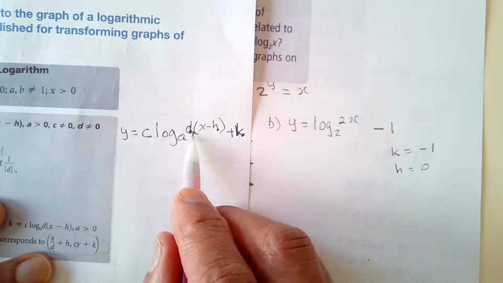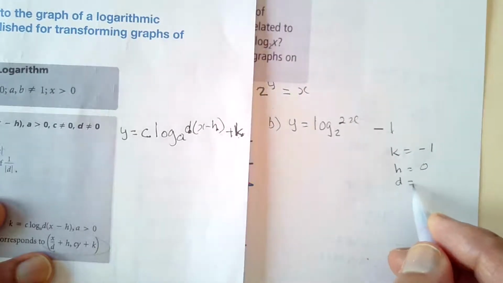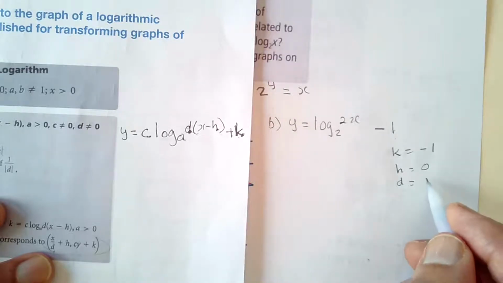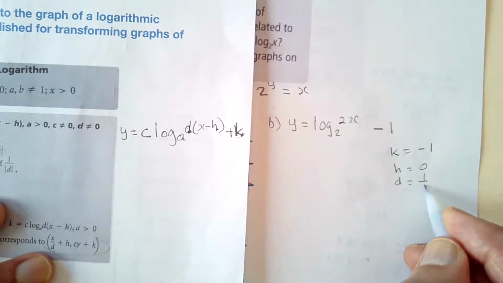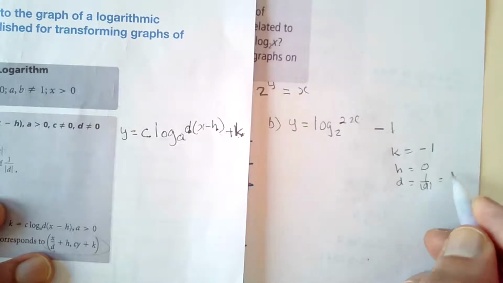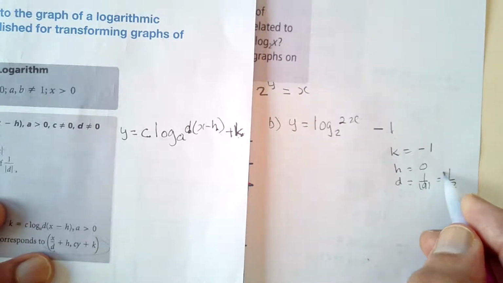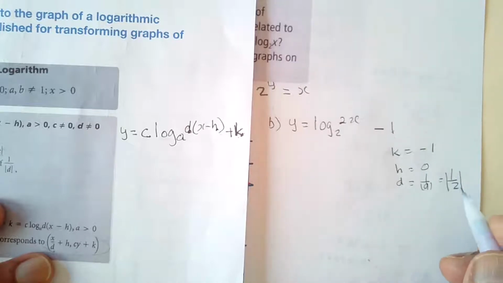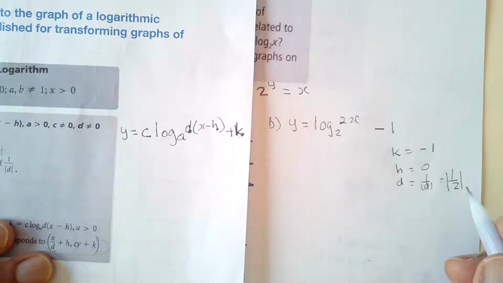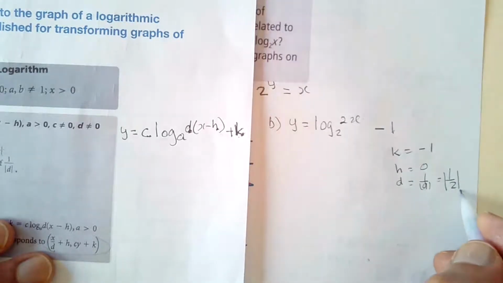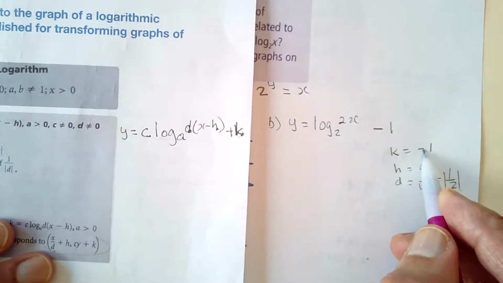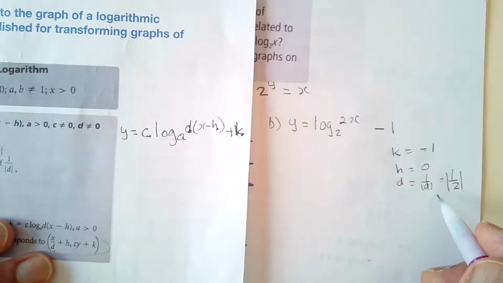The d you get here. Now, d is always 1 over, so it'd be 1 over d, which is 1 over 2. So we have a horizontal compression of a half. We have a vertical translation of negative 1, or shift down by 1.